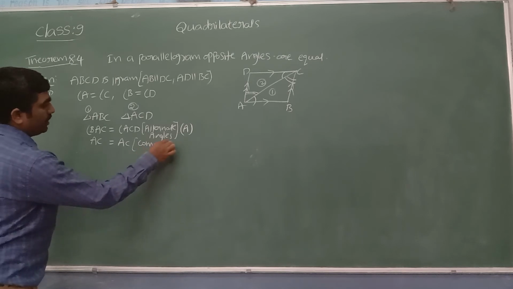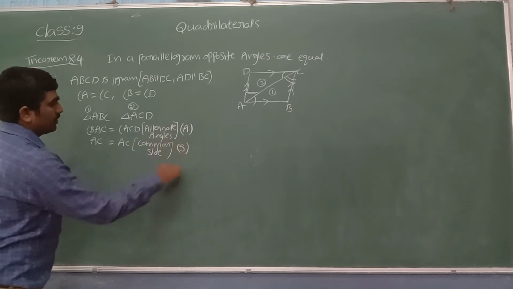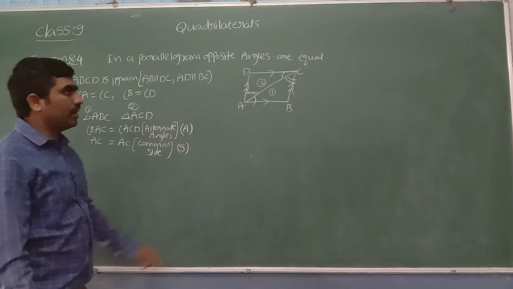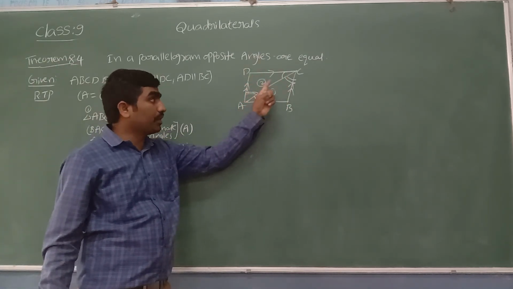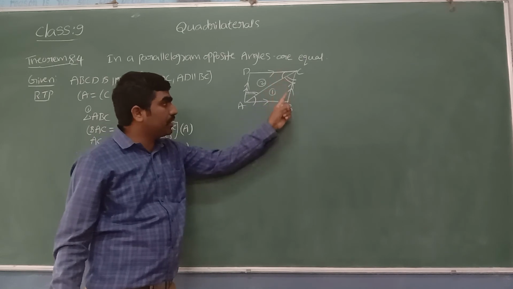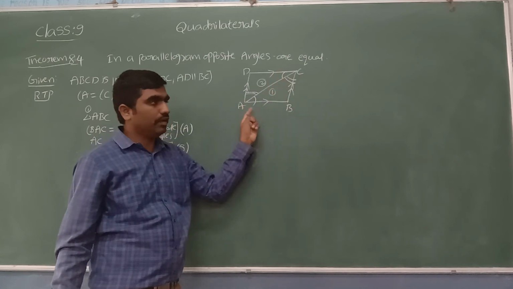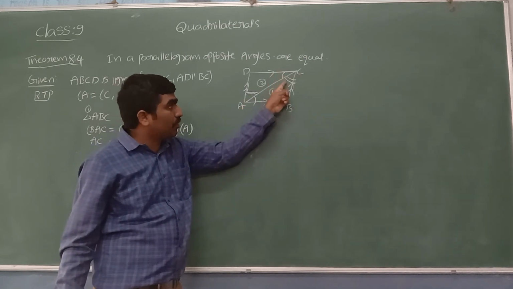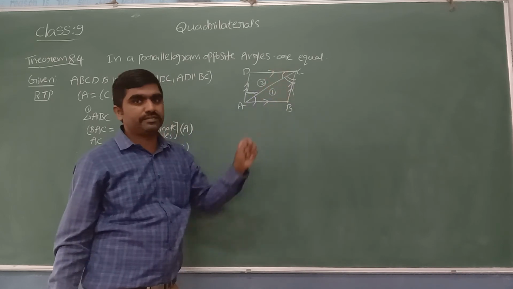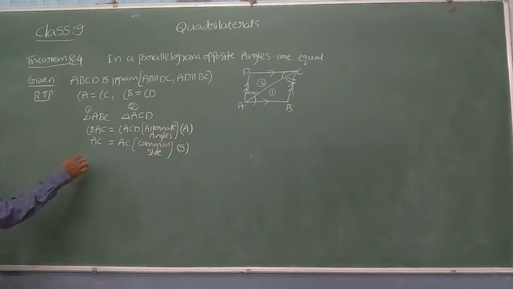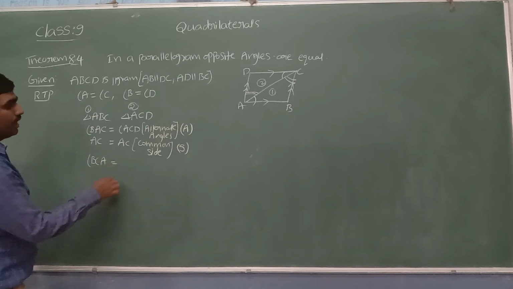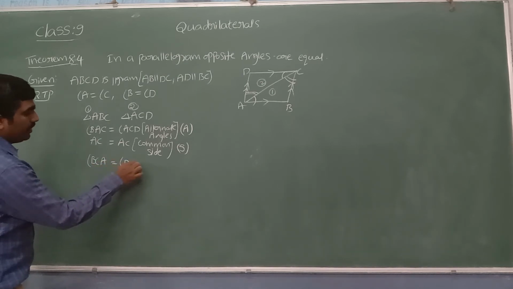Next, one more angle is there. Don't write just C; write with the help of three letters, because if you write C, it is not clear whether it is the lower part, upper part, or whole angle. From the first triangle, angle BCA is equal to angle DAC in the second triangle.